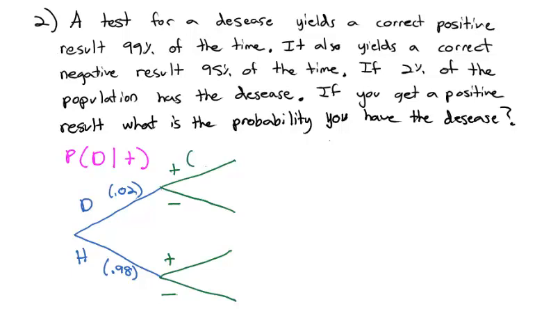Disease, positive result, that's this top one, 99% of the time, which means it's incorrect 1% of the time. We're told it yields a correct negative result 95% of the time, which means if you are healthy, you will get a correct negative result 95% of the time. So the opposite, 5% of the time, you might get a false positive.